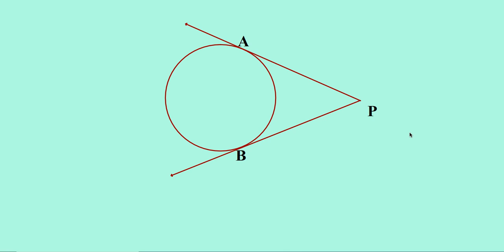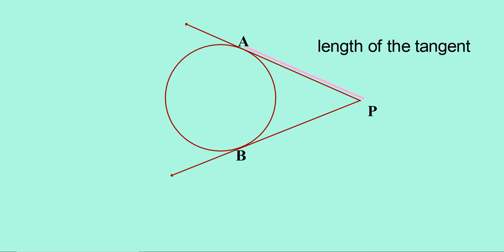Now let us consider the tangents from an external point. Here you can see tangents PA and PB are tangents from an external point. Now the length of the segment PA of the tangent from an external point P to the point of contact with the circle, we can call it the length of the tangent.